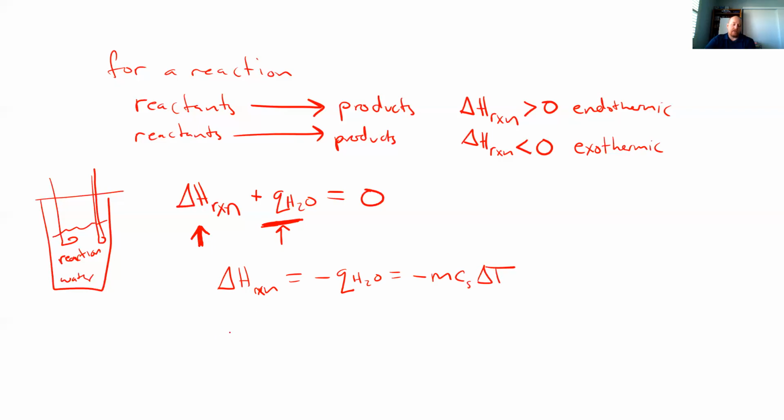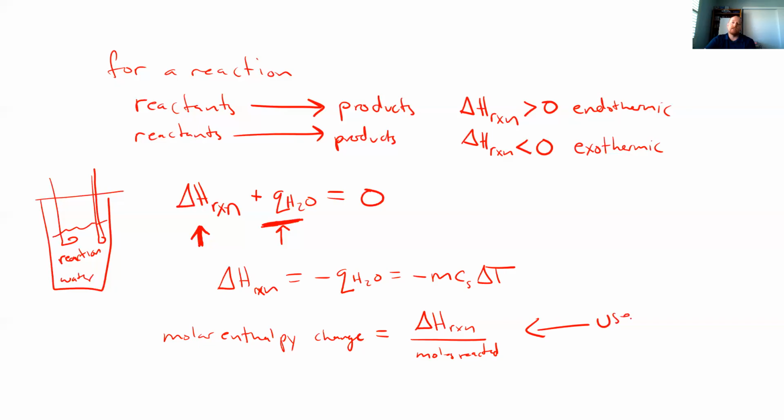And then what you can do is you can figure out the molar enthalpy change, which would just be the enthalpy change of the reaction divided by the moles reacted. Right? And so you could figure that out for a given reaction, and we can use this to analyze reactions, and that's something we're going to do as we go through the future. But that's how you would determine the enthalpy change of a reaction.